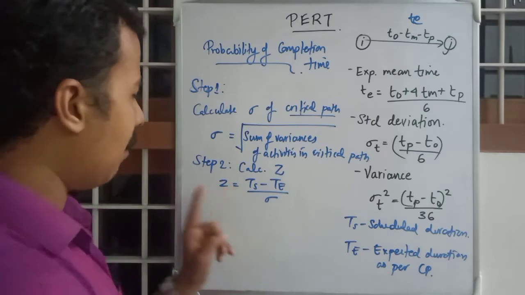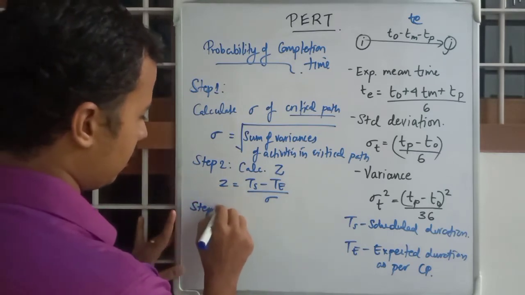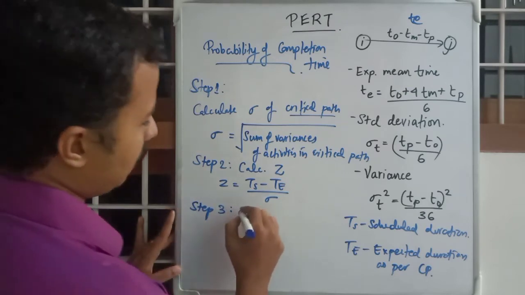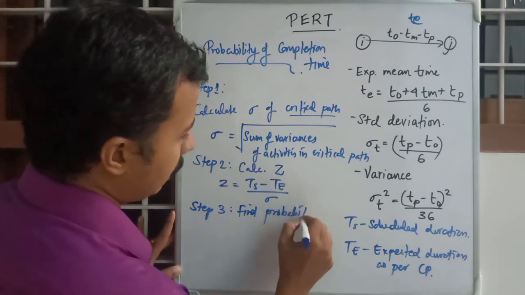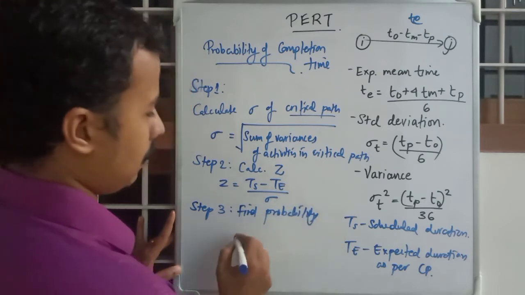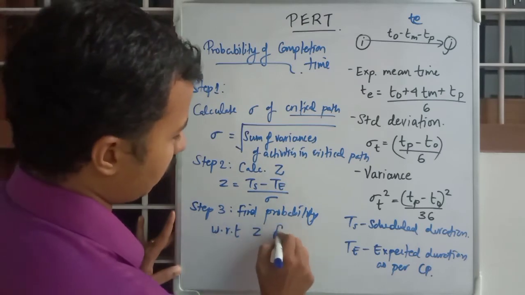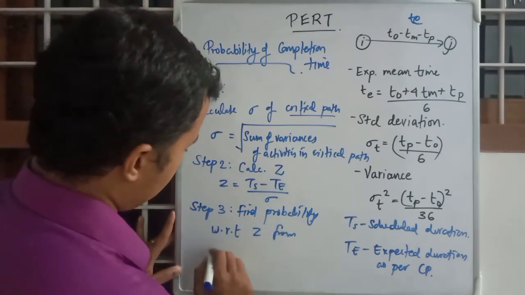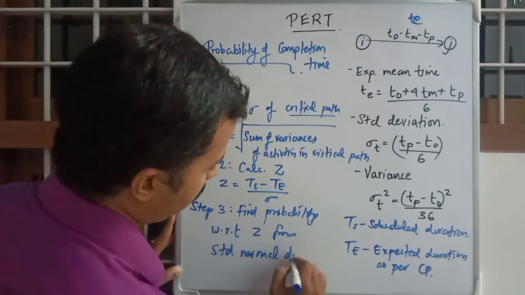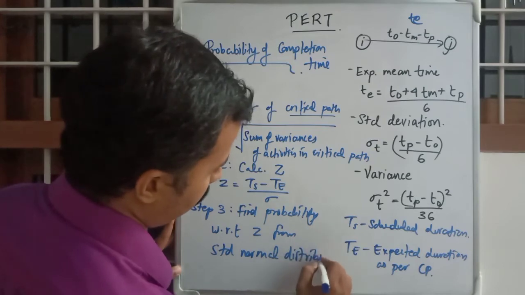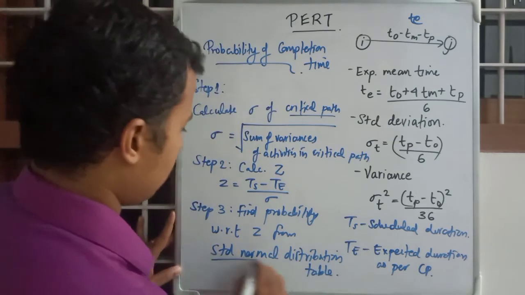So you have Z, and the last step: find the probability with respect to Z from the standard normal distribution table.